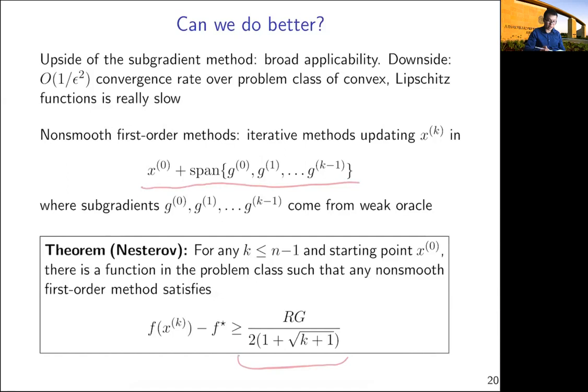So the convergence rate is on the order of 1 over square root of k, which translates into an iteration complexity of 1 over epsilon squared. So in that sense, the subgradient method is indeed the best that we can do for this family of methods.